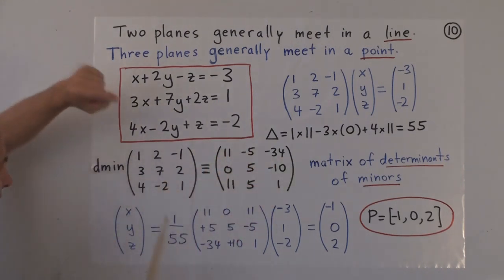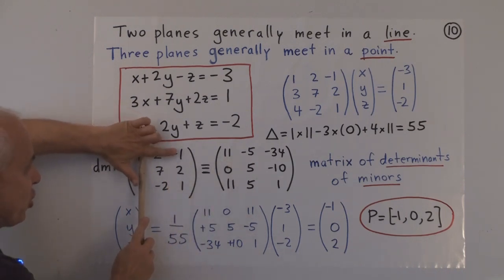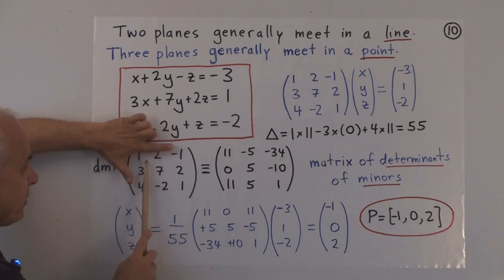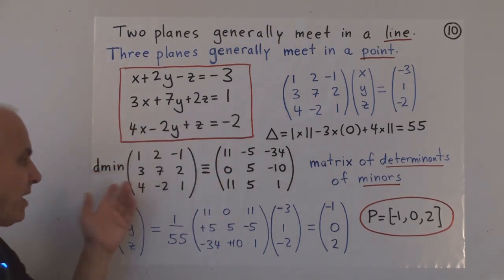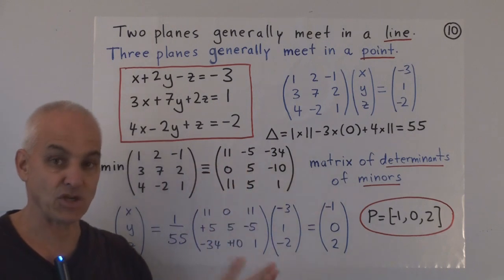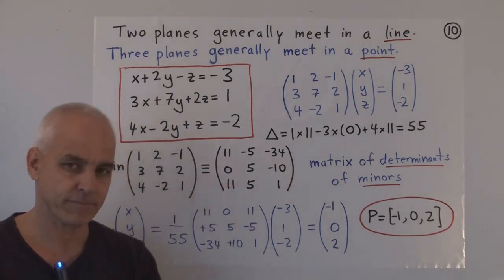It means that for every position, over here, I calculate the determinant of the corresponding minor. So in this position, it would be 7 minus 4, that's 11. So we'll call that the d min of this matrix. It's just a notation to allow us to say explicitly going from here to here.